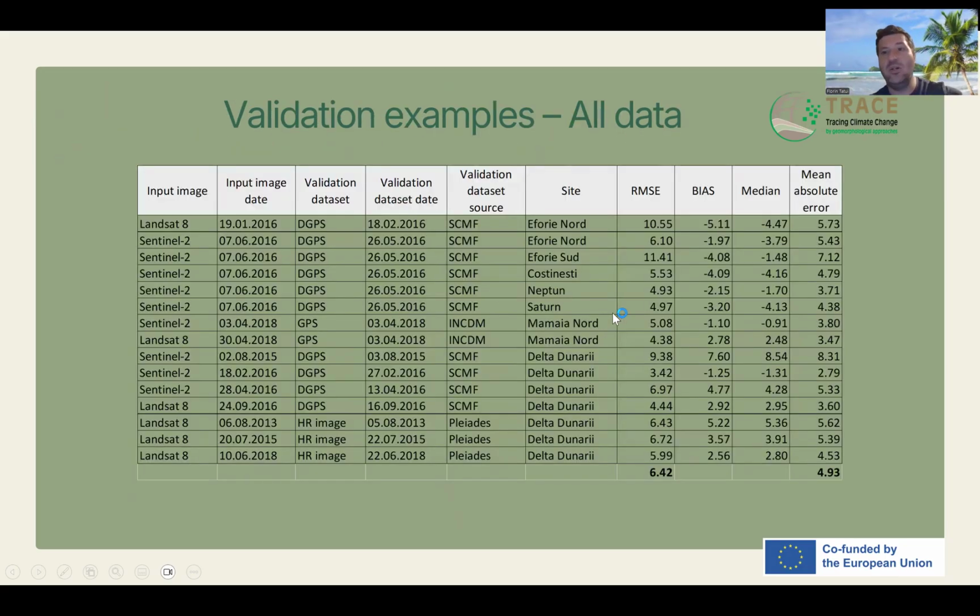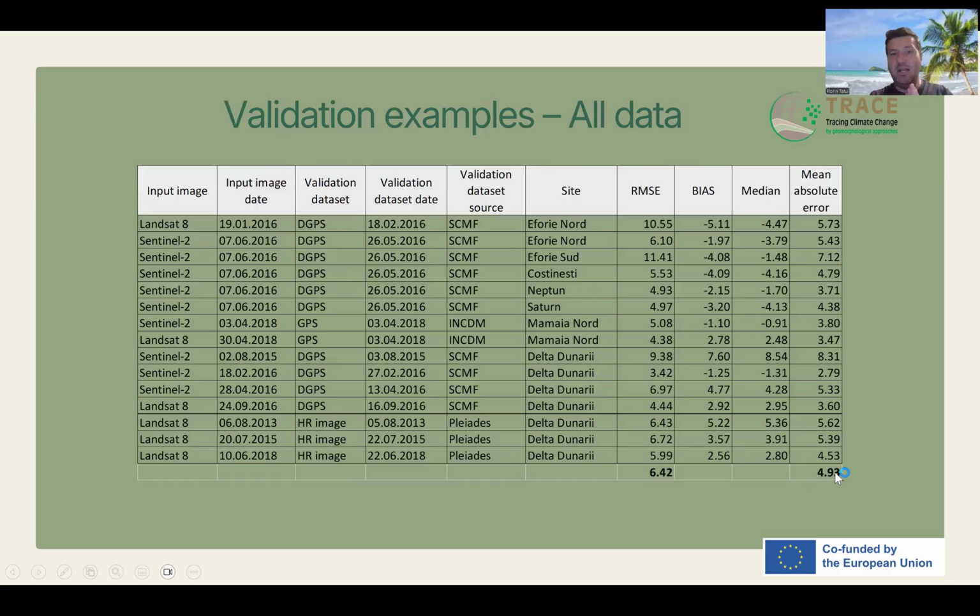And here are all data for all the validation examples, and as you can see, for all this data we have an average root mean square error of 6.42 meters and a mean absolute error of less than 5 meters.